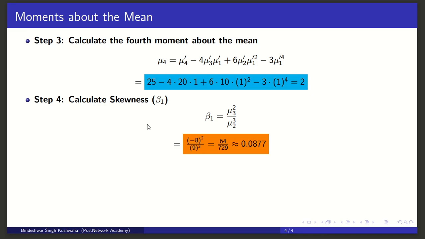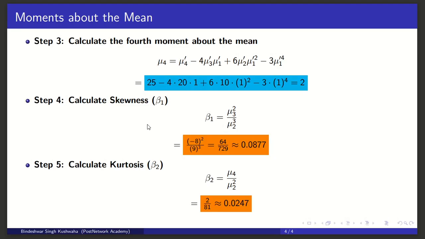The same way we can calculate beta 2. So beta 2 is equal to mu 4 upon mu 2 raised 2, and that would be equal to 0.0247. So beta 1, you can also say that is the skewness, and beta 2 is kurtosis.